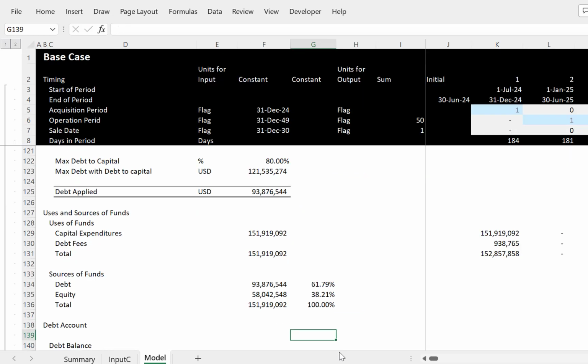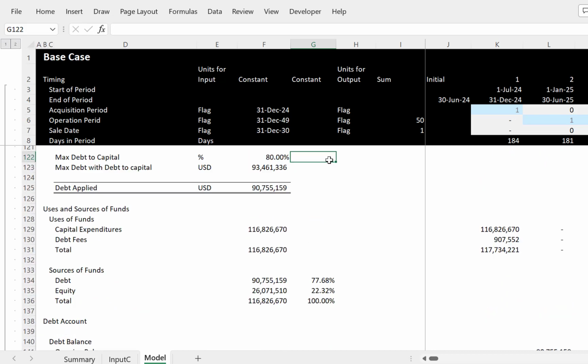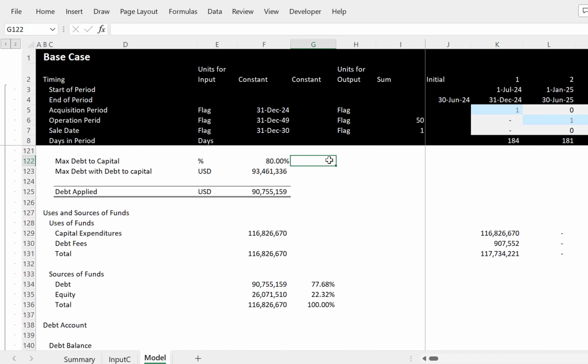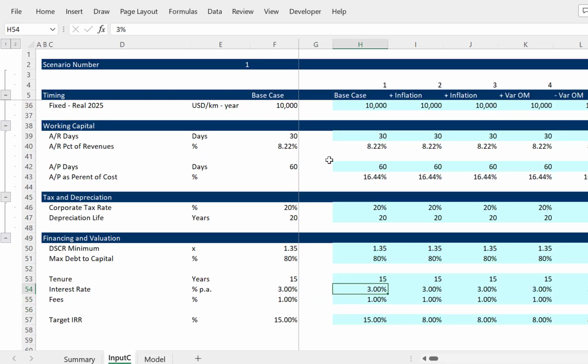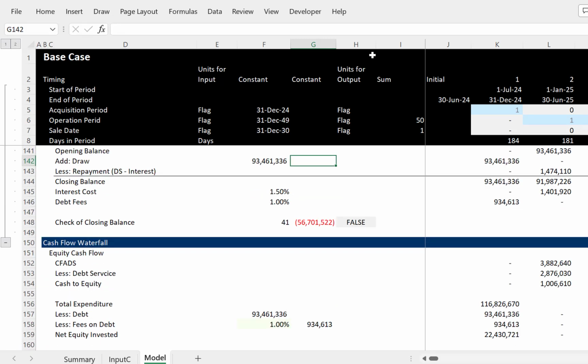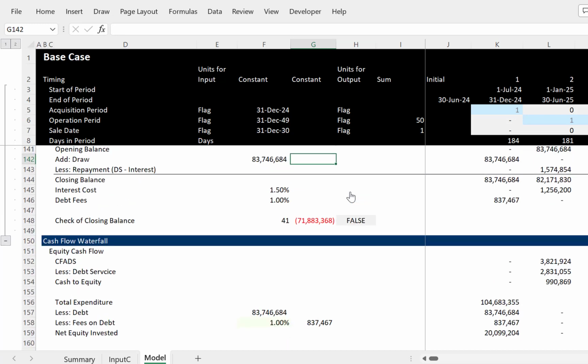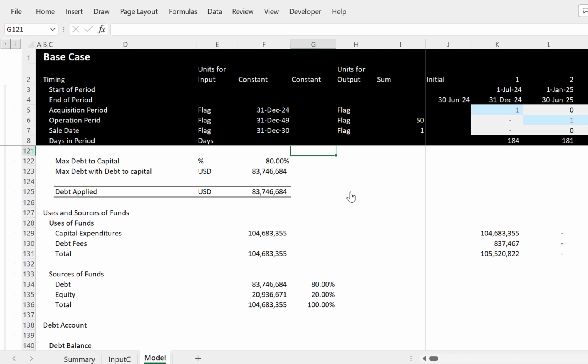If we increase that to 15%, wait, we're not quite finished. And then we're going to pay a lot lower for our thing, and I still didn't do it. We might have to increase this to 20 years. And that's the interesting thing. I wish they would ask those kind of questions so you really understand what's going on. That's the case when the debt to capital starts to apply.